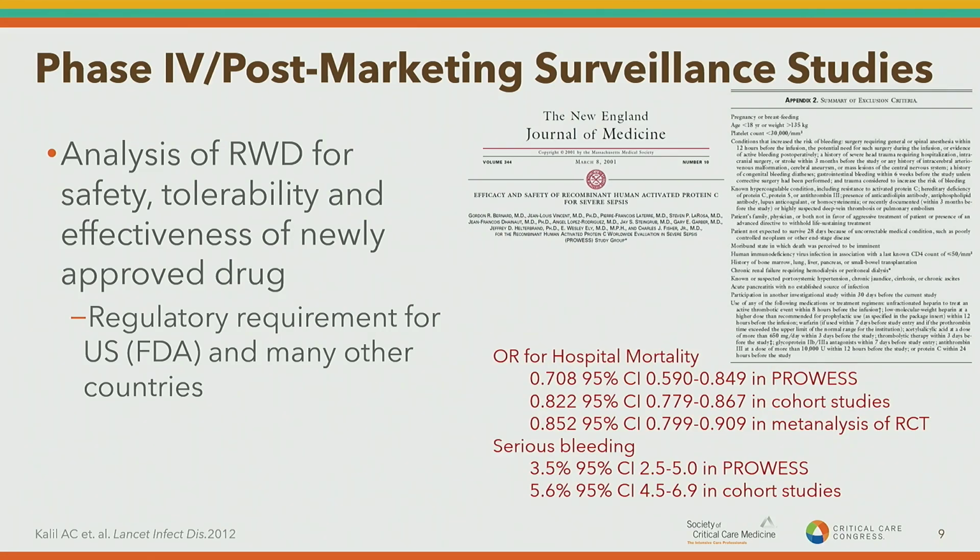One is when they looked at real-world data and the observational studies, they found that the odds ratio for mortality from Xigris is not as striking as it was in the PROWESS study. So a little bit, not quite as effective. But more interestingly, the risk of severe bleeding outside those tight confinements of the first randomized controlled trial was nearly double. And subsequent to this, the vendor themselves, not the FDA, did pull it from the market.